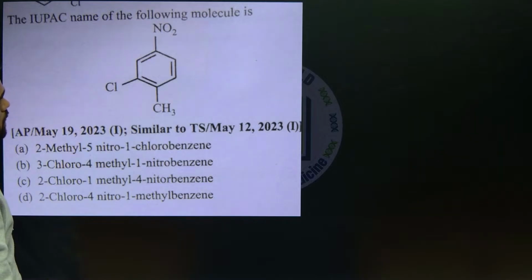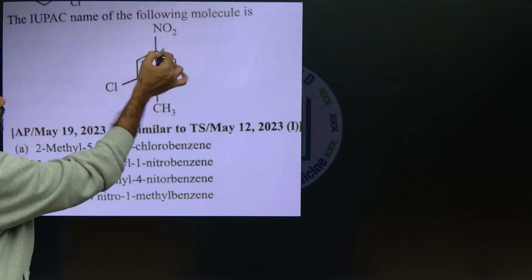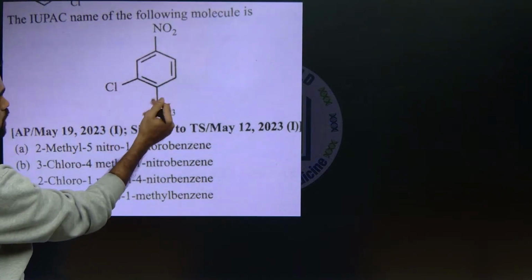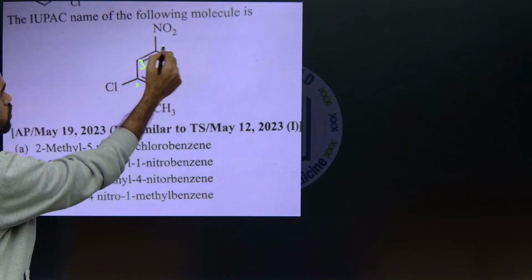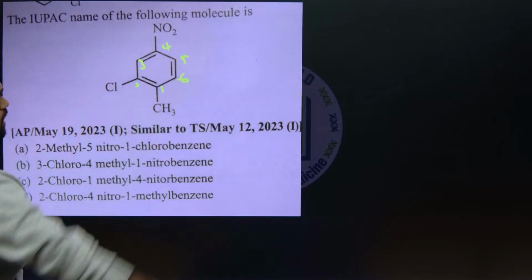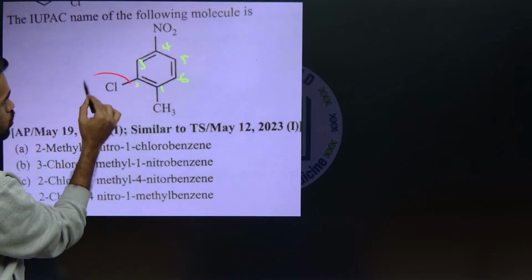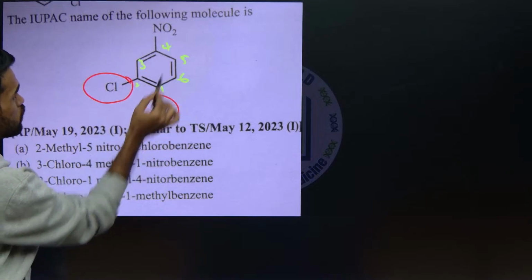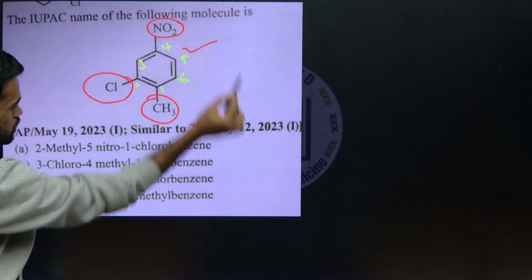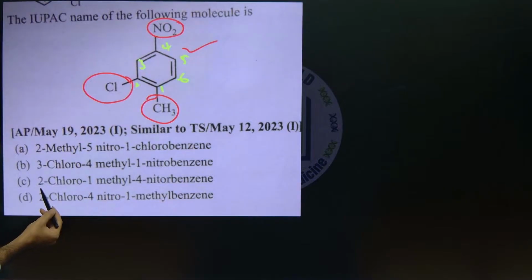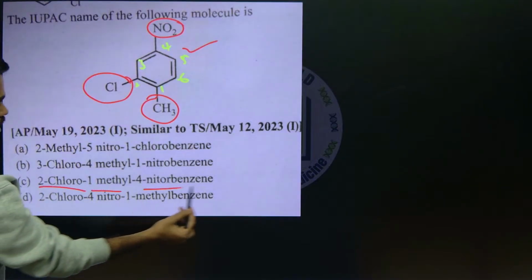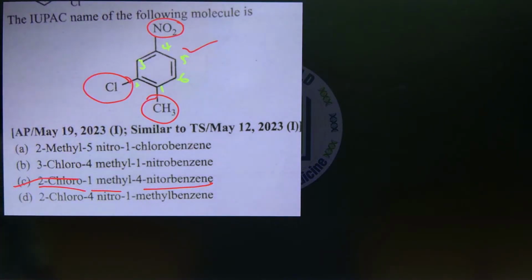See, if I start numbering from here, we will get the largest number, but if I start from here, 1, 2, 3, 4, 5, 6, yes, this is perfect numbering. So you have 2 chloro, 1 methyl, 4 nitro, benzene. So option C is your answer for the question.